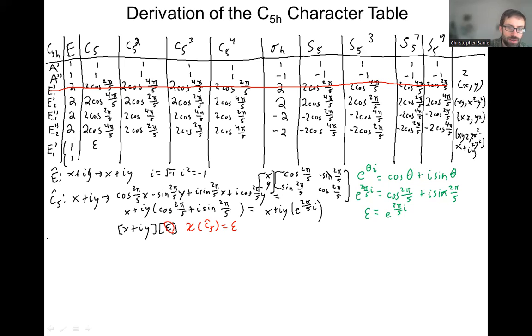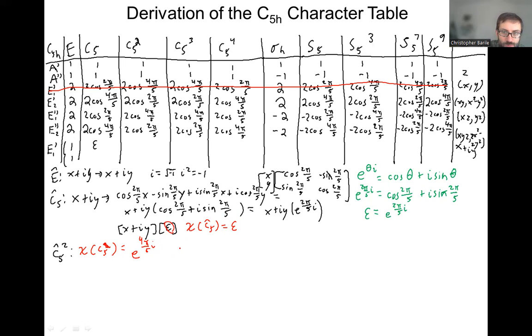So we're going to do a very similar thing here for C5 squared. So next symmetry class we have to worry about, the C5 squared operation. What's going to happen? Well, x plus iy is going to go the same way, except now instead of having cosine 2 pi over 5s and sine 2 pi over 5s, we're going to have cosine 4 pi over 5s and sine 4 pi over 5s. And so all this is going to come out the same, and at the end we're going to get that our chi, our character of C5 squared, is not equal to epsilon anymore, but it's actually equal to e to the, not 2 pi over 5 times i, but 4 pi over 5 times i.